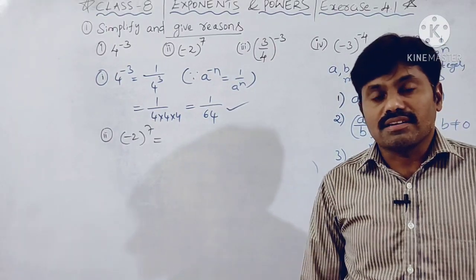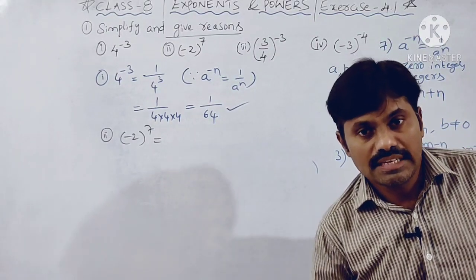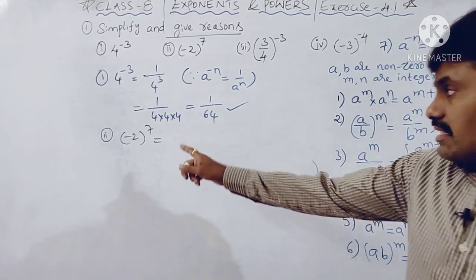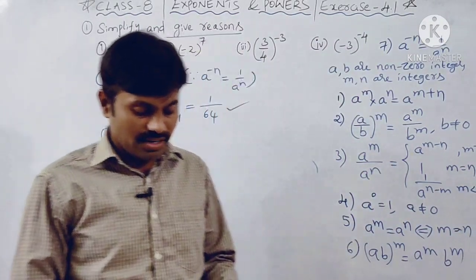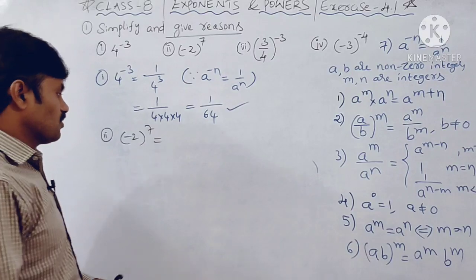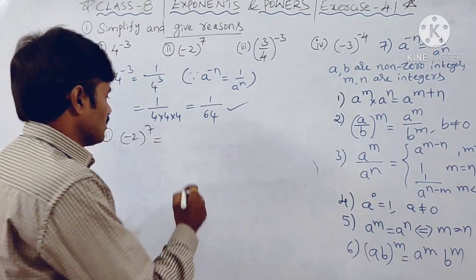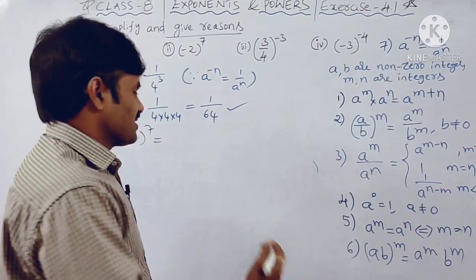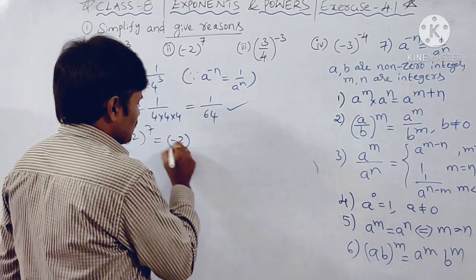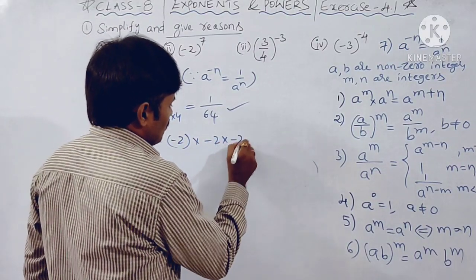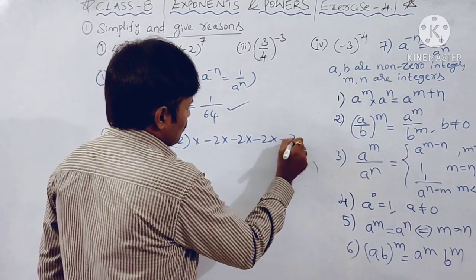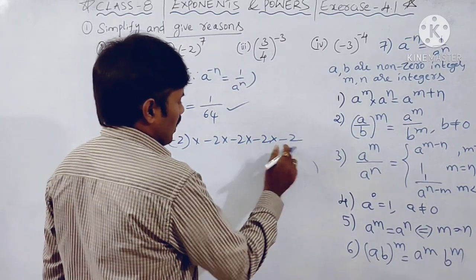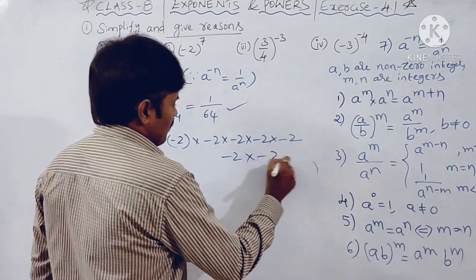How many times? 7 times, because here the power is 7, the exponent. So we must multiply minus 2 by itself 7 times. Okay, clear? So minus 2 into minus 2 into minus 2 into minus 2 into minus 2, 1 2 3 4 5 6 into 7.